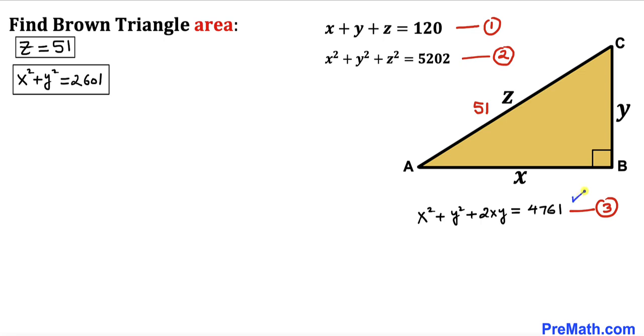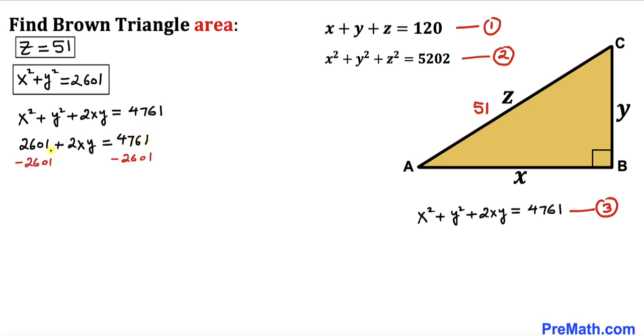And here's our next step. Let's focus on equation 3. Here we have copied it down: X square plus Y square plus 2XY equals 4761. We already figured out our X square plus Y square value as 2601, so I'm going to replace this part by 2601. So I can write 2601 plus 2 times XY equals 4761.